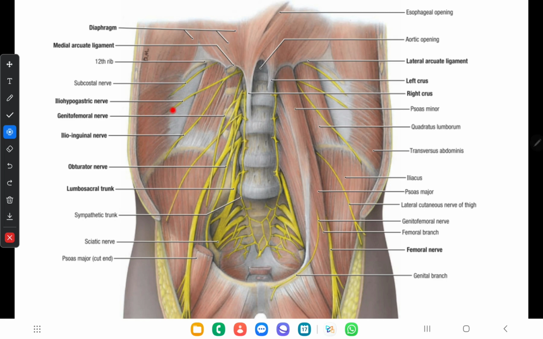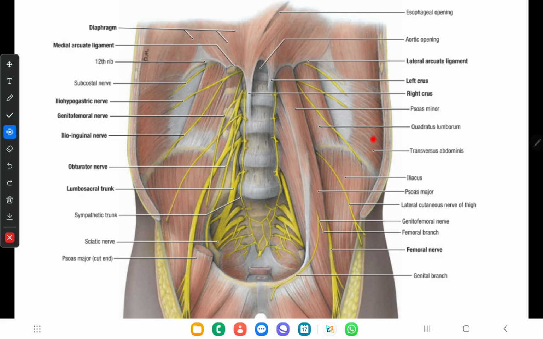Here you can see this part is the lateral abdominal wall. This is the muscle transversus abdominis. The anterior abdominal wall you cannot see here, but you have to remember that the iliohypogastric and ilioinguinal nerves enter the lateral and anterior abdominal walls.